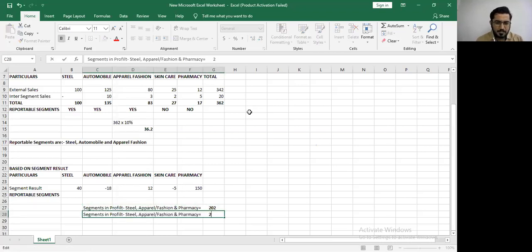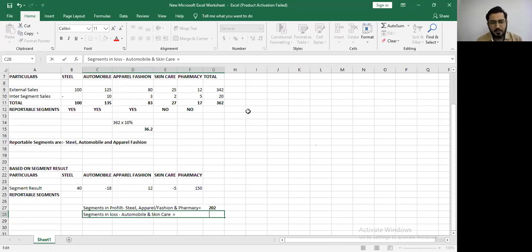Your segments in loss are automobile and skincare. Their total in loss will come to 23.